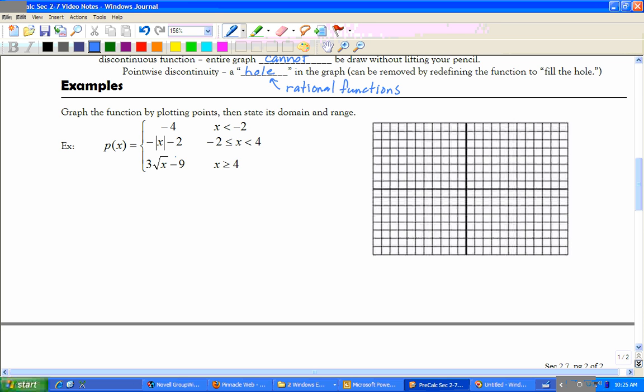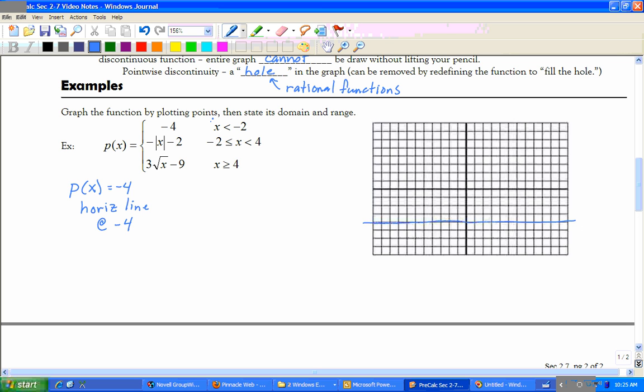Let's take a look at the first part of the piecewise graph, which is p of x is equal to -4. Well, this is a horizontal line at -4. This is pretty easy to graph. So if you graph in the entire line, here's our horizontal line.